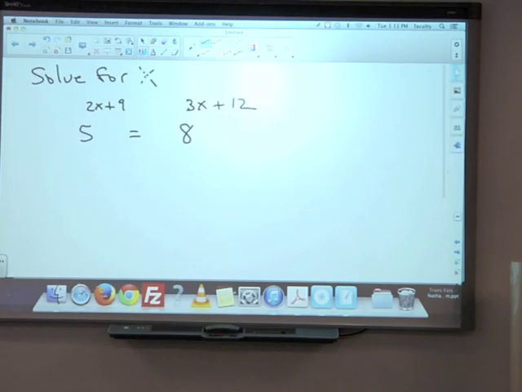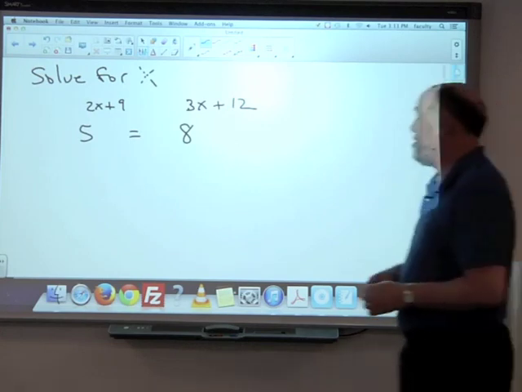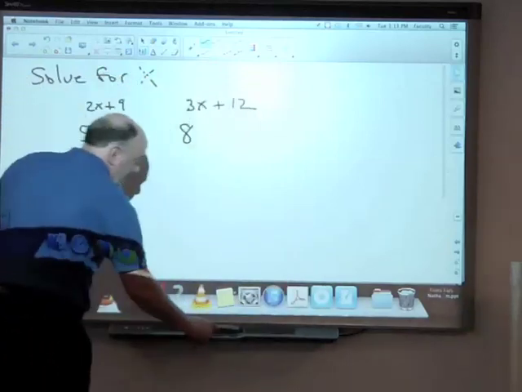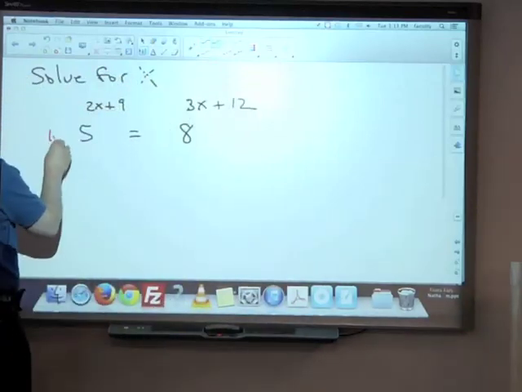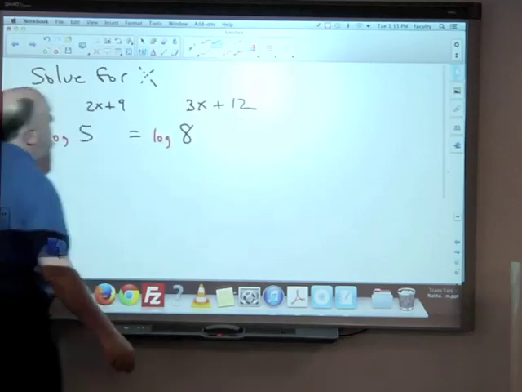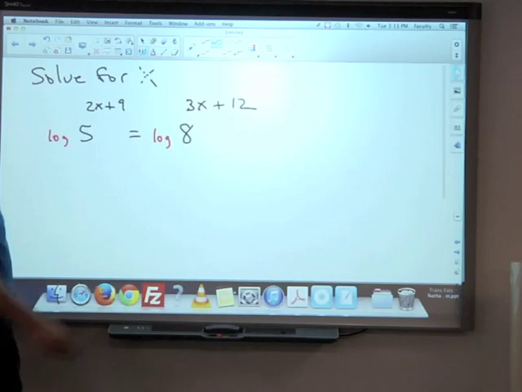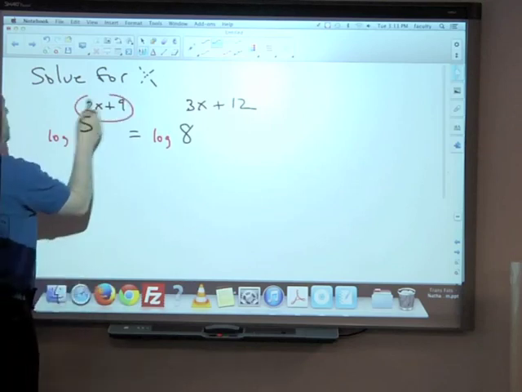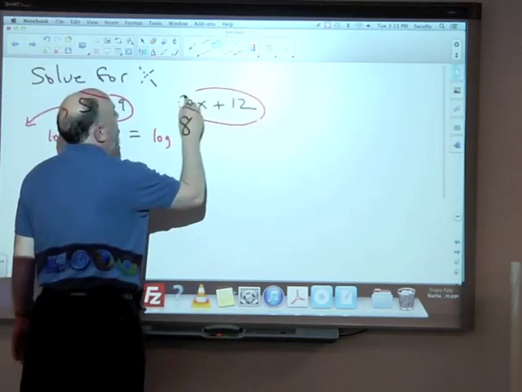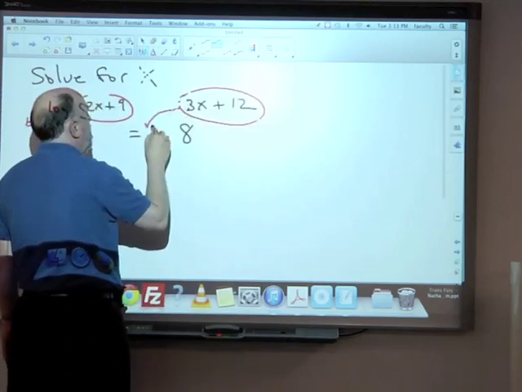Okay. So x in this case is in my exponent. The way I get to my x is by doing logarithms. So whether you do log or ln, it doesn't matter. I can do it either way. But let's use log base 10. So I'm going to take the log of both sides. I'm going to do log of this side, and log of this side. By the power rule, this comes to the front, and then that would come to the front.